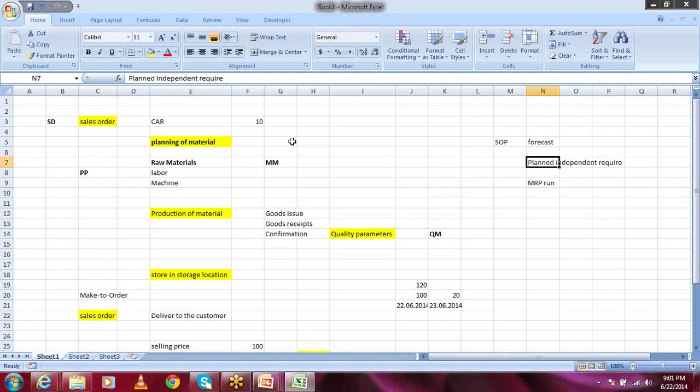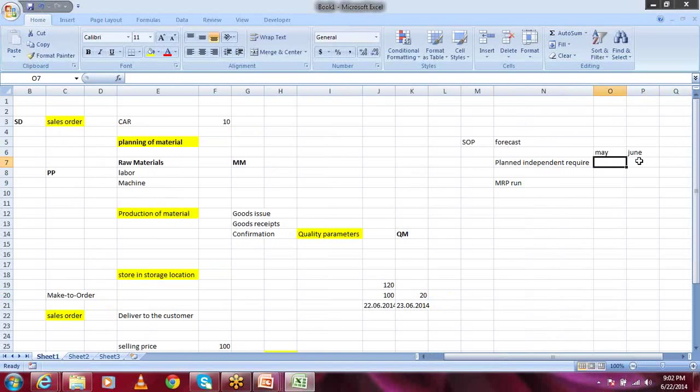A sales order means an exact value. Say you are manufacturing cement. There is a lot of demand in the summer season because so much construction happens. So in the summer months, May and June, you plan more production for cement, like 1,000 and 1,000.